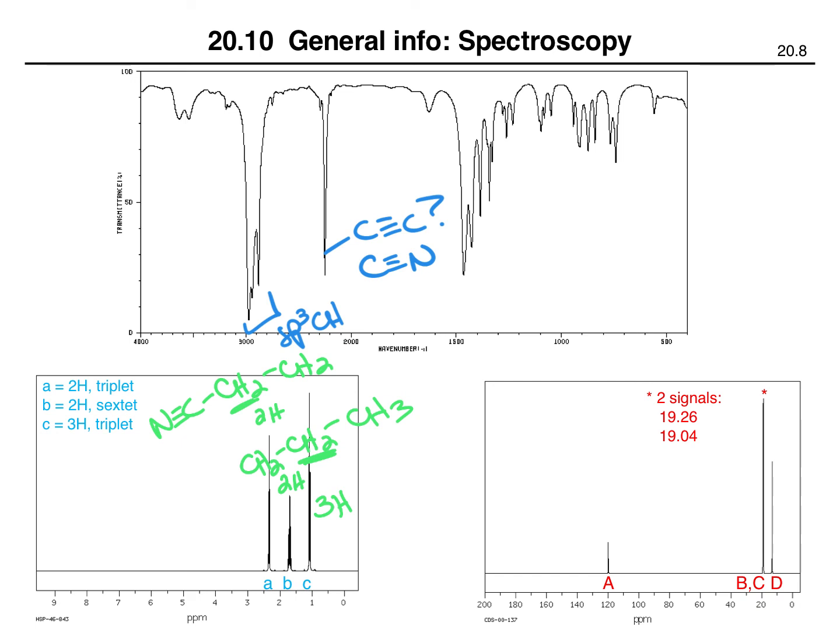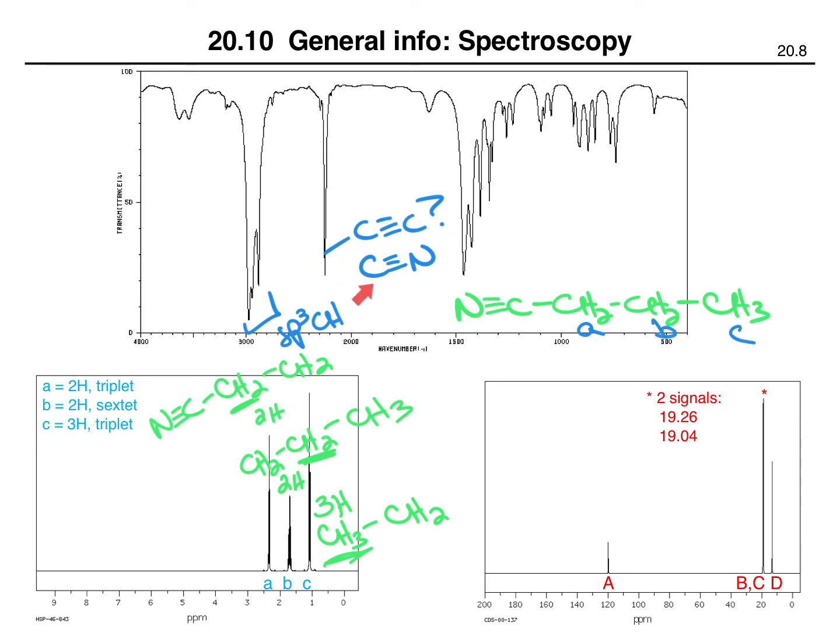It is a triplet, so this is a CH3 that has 2 hydrogen neighbors. So we have our nitrile connected to a CH2, CH2, CH3, and so this is signal A, B, and C.